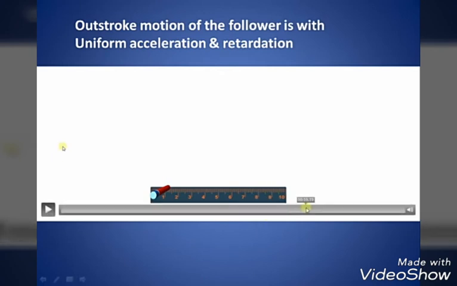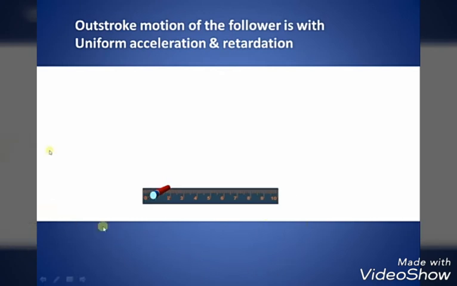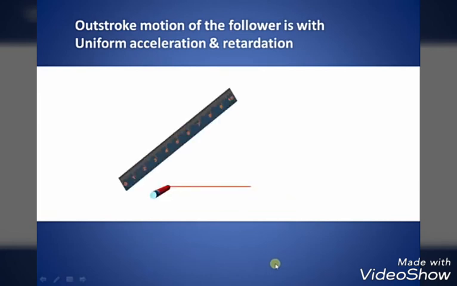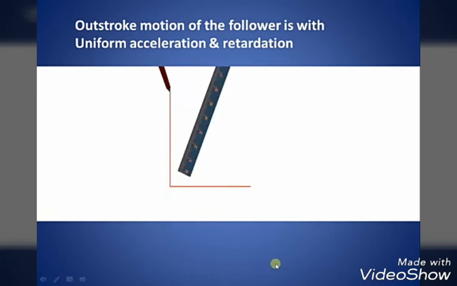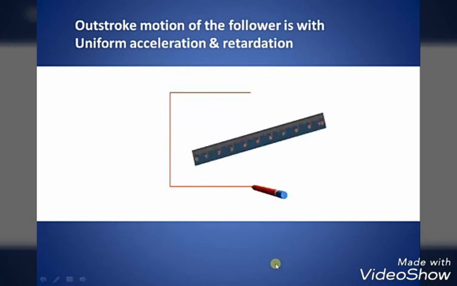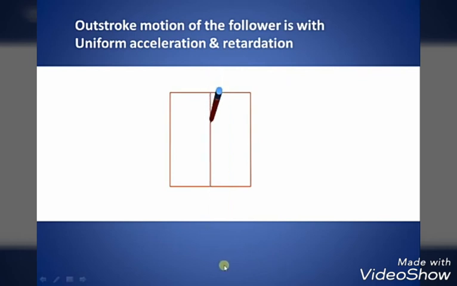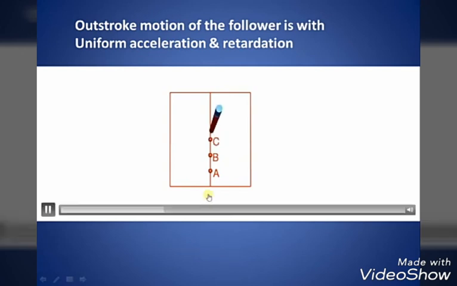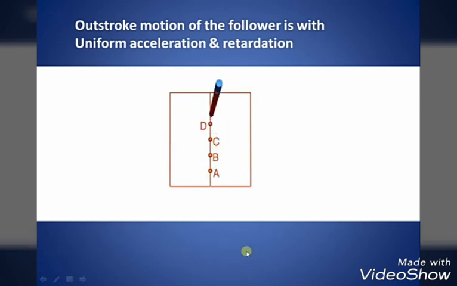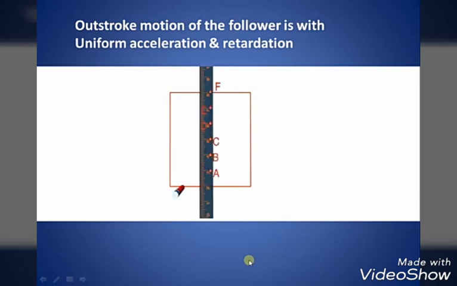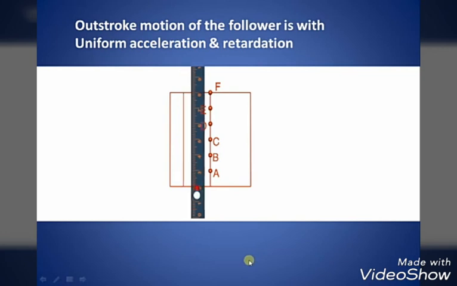Now let us see how to draw the displacement diagram in case of the uniform acceleration and retardation. So with some suitable scale, we have drawn the outstroke. Draw a line through the midpoint of this particular outstroke as shown over here and divide it into 6 equal parts: A, B, C, D, E and F. Again, divide this also in 6 equal parts.